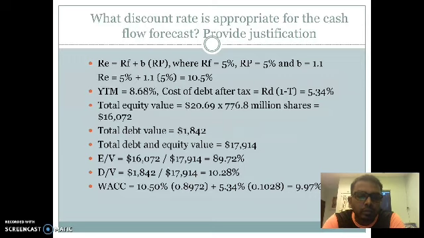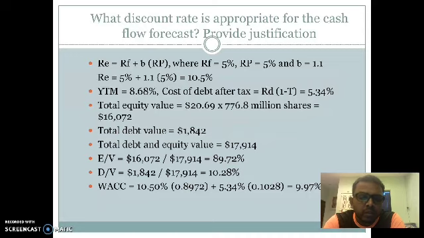For total debt and equity value, we total up both, which gives $17,914 million. With this, we can calculate the weightage for equity and debt: the weightage for equity is 89.72%, and the weightage for debt is 10.28%.